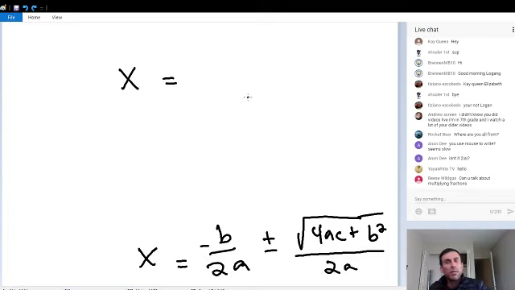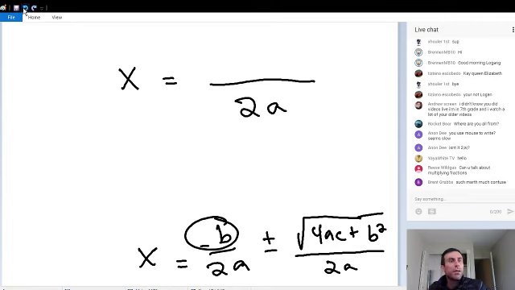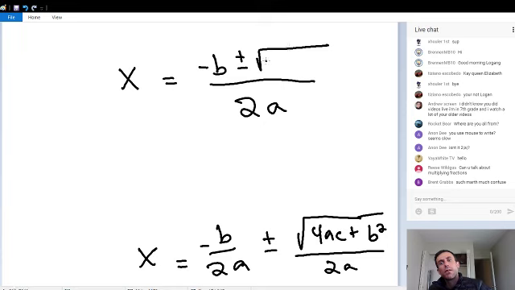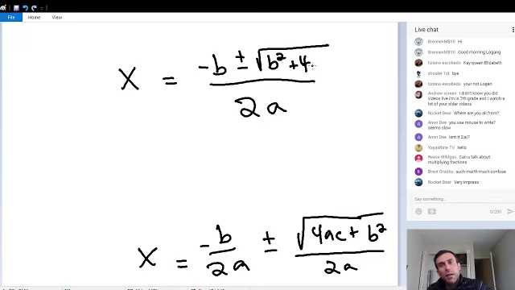Since we have a common denominator of 2a, we know that 2a is going to be in the bottom. And in the numerator, we have negative b, and we have a plus or minus the square root of b squared plus 4ac. I switched the 4ac and the b squared, because when you're adding, you can switch them. It doesn't change anything.